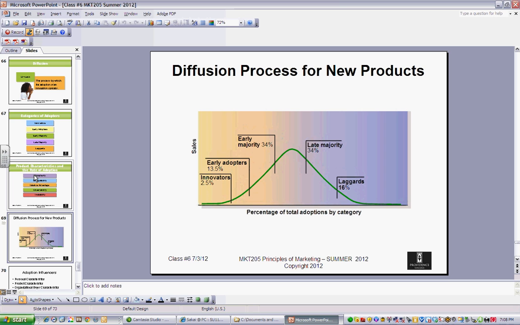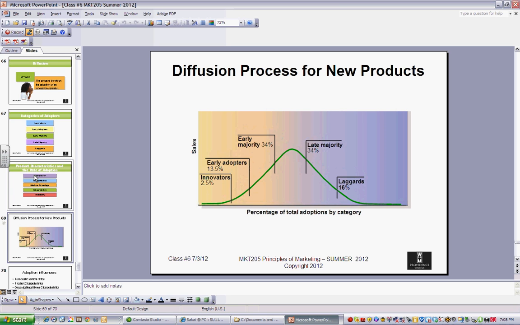This shows how, typically from a percentage basis, new products are diffused into the marketplace. You have the early innovators and early adopters that tend to get it first, and that's what they want to be able to do. Then you have the majority, where most people buy it, and then you have people like my parents, who are the laggards who don't adopt it until never, in some cases, or way until the end.